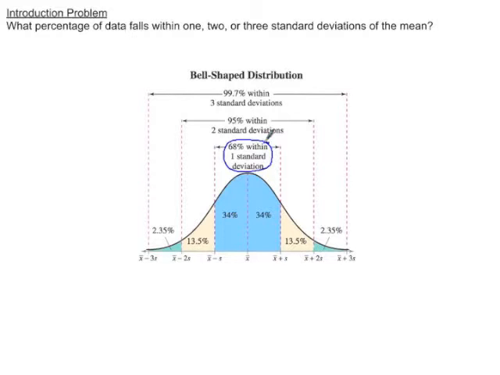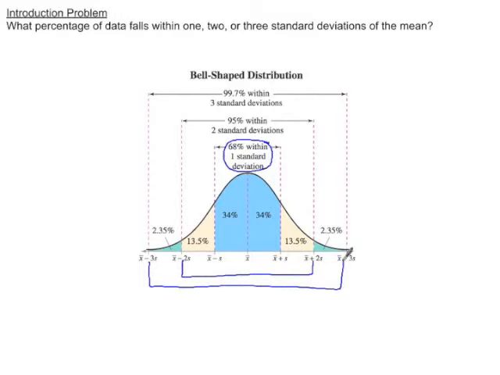Then we had 95% of the data falling within 2 standard deviations of the mean, and only 99.7% of the data falling within 3 standard deviations of the mean.